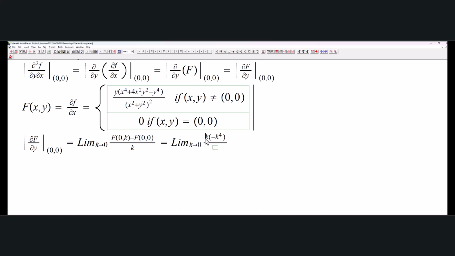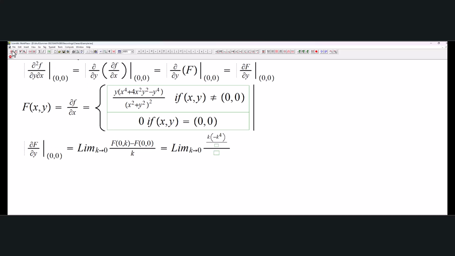That is the numerator there, right? And in the denominator, what do we have? X will be 0, so k square would be k to the power 4. And then we have k on the bottom.